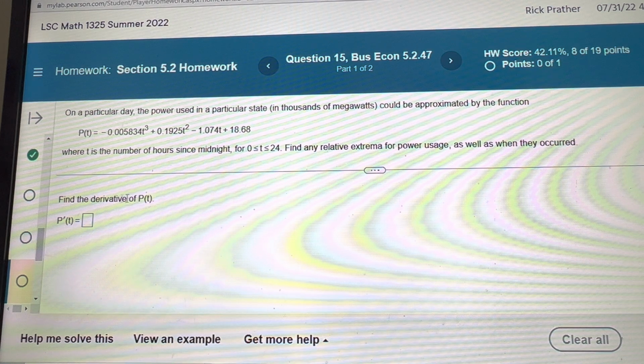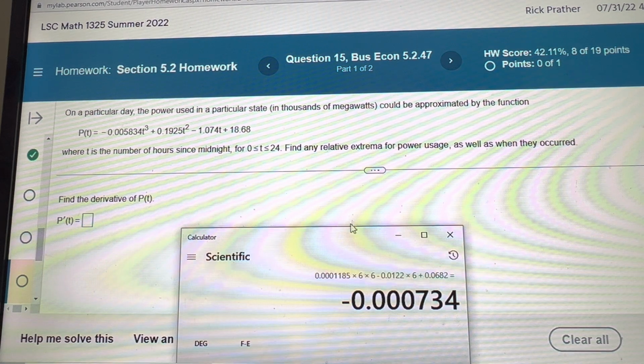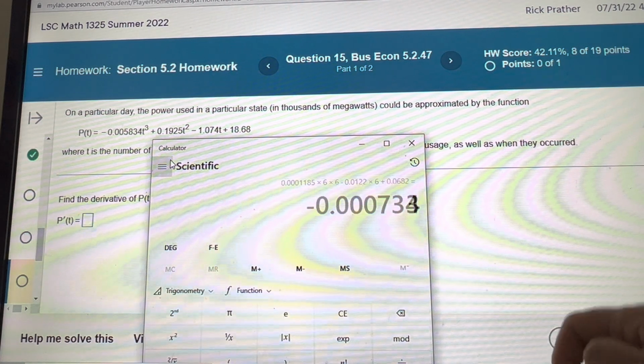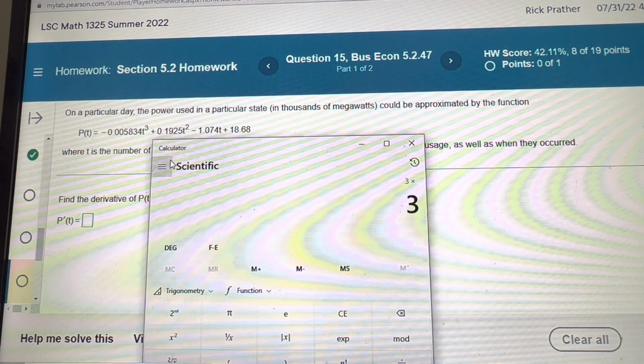So first we want to find the derivative. Do 3 times this decimal, and I'll ignore the negative and just put the negative in my answer.